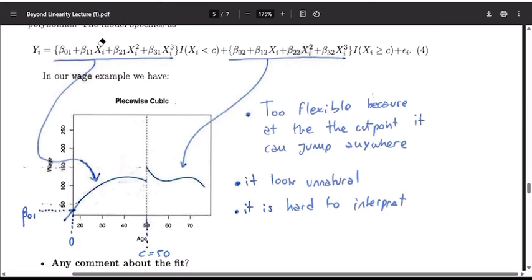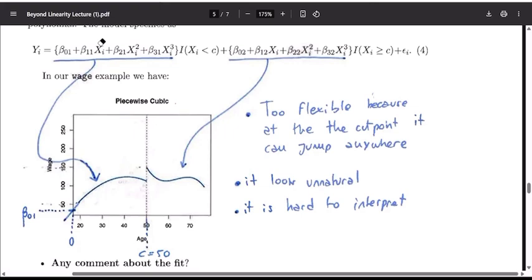Because with degree 4 we have more curvature than degree 3. The more you increase the degree of the polynomial, the more flexible it becomes. But there's going to be an issue when you increase the degree of polynomial. More flexibility is not good.